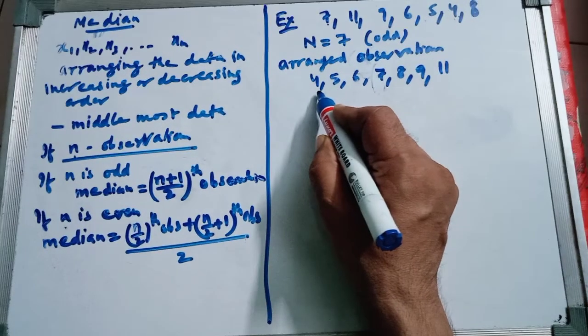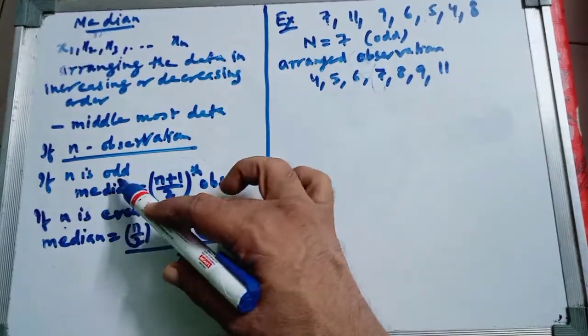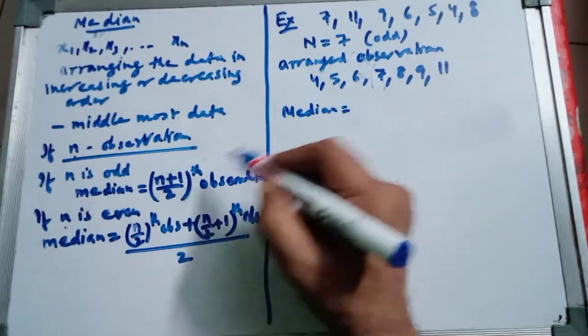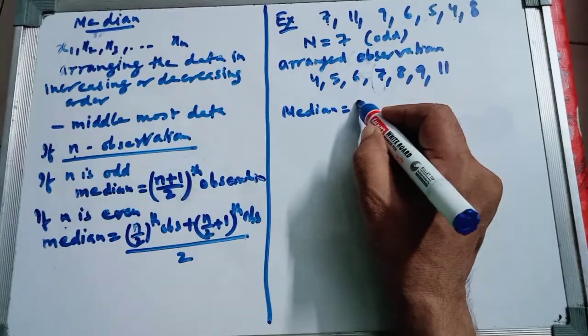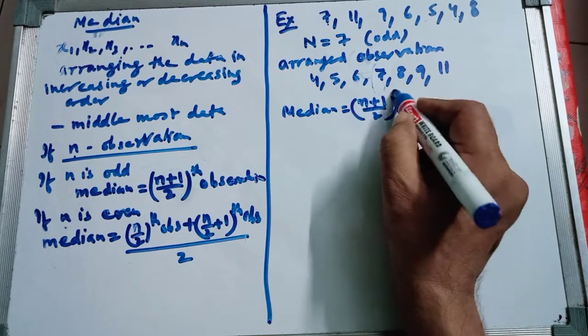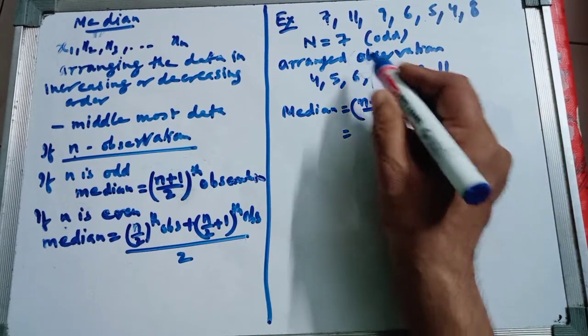Now you have to find the middlemost data here. So for that, when n is odd, median is equal to the (n plus 1) by 2th observation. So what is n? 7.